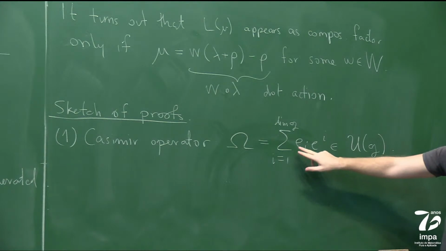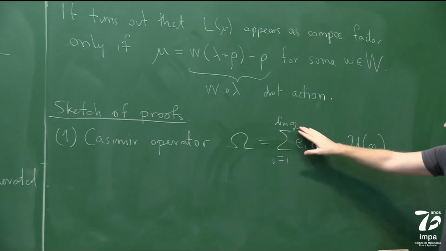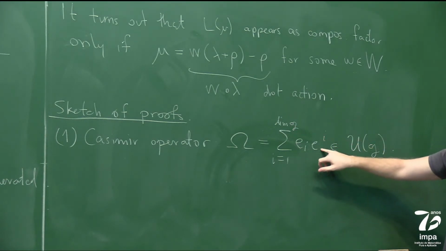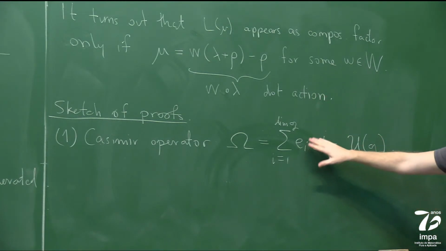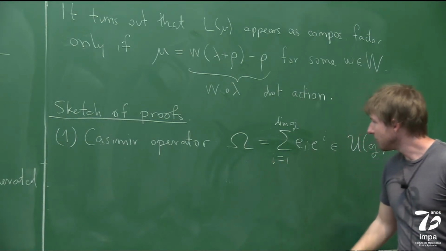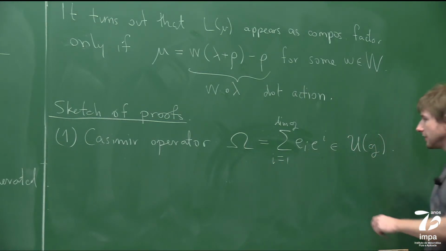Inside there, if we take a basis of g and a dual basis relative to the Killing form, let's say, we can form this element. It's called the Casimir operator. And it turns out that it's actually in the center.